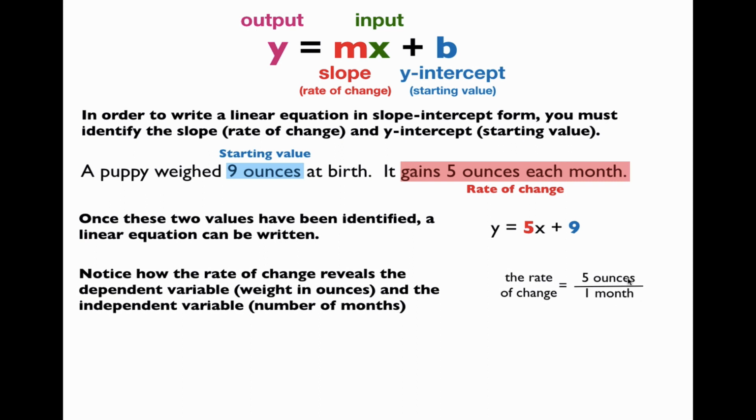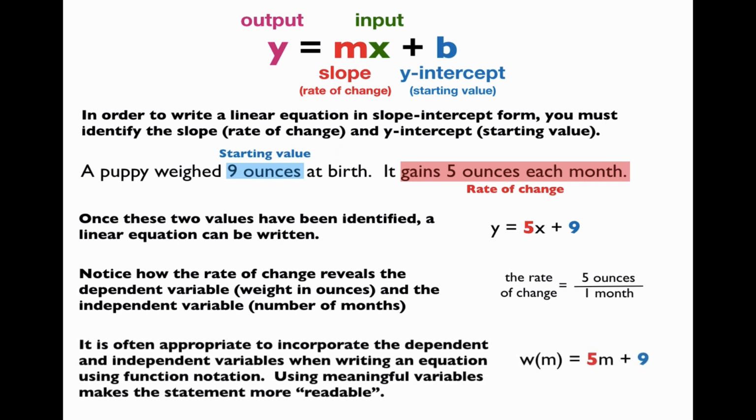And we know that the numerator is just the change in y, or the change in the output, or our dependent variable, and the denominator, or the input, is our independent variable. So we know that months, or time in this case, is our independent variable. Time seems to be an independent variable a lot.